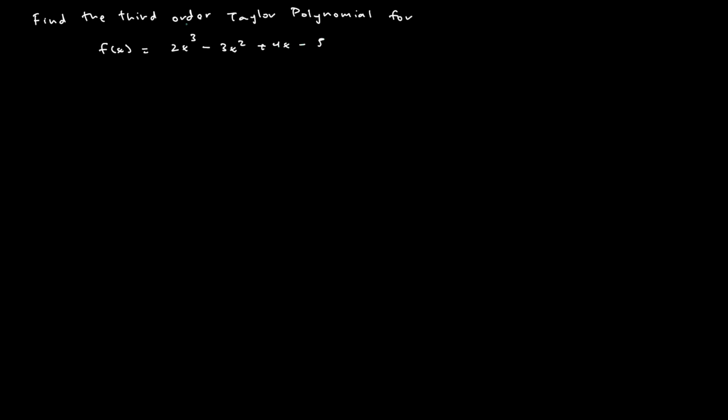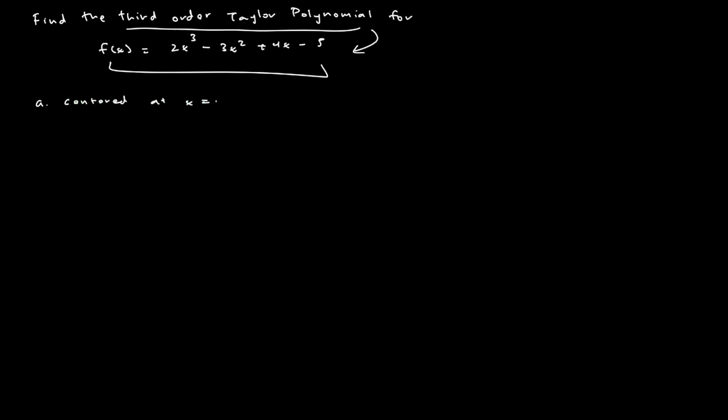Notice how this function, for the first time, is a polynomial function, and we're asked to find a third order Taylor polynomial. The first one is centered at x is equal to 0.